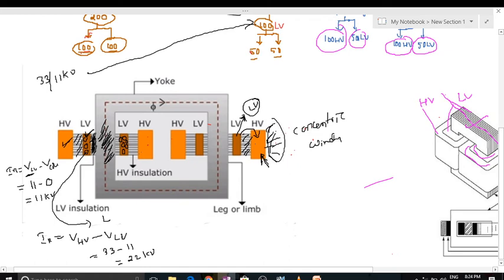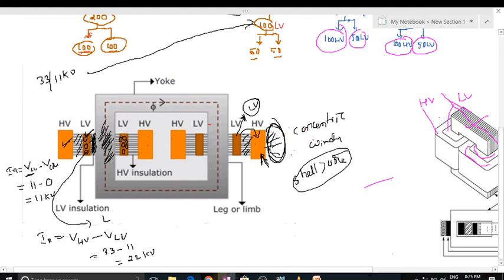This problem can be avoided with the shell type transformer, because the winding is surrounded by the core, so in the shell type transformer this leakage flux is also utilized. So power transfer capability is more in the shell type transformer compared to the core type transformer. The concentric winding procedure and the interleaved winding procedure are used in core type transformer construction.